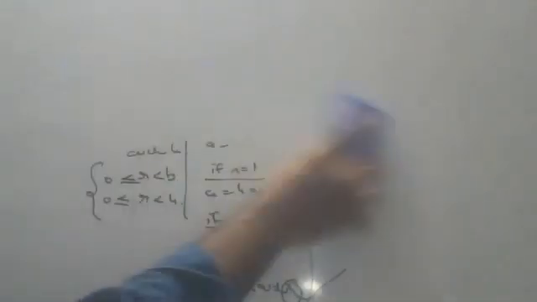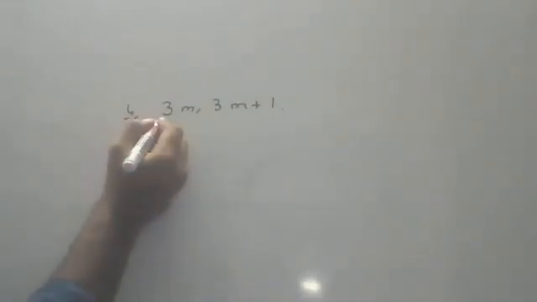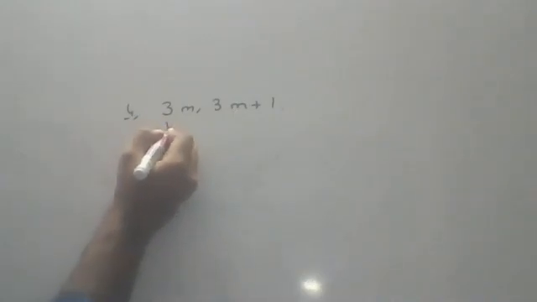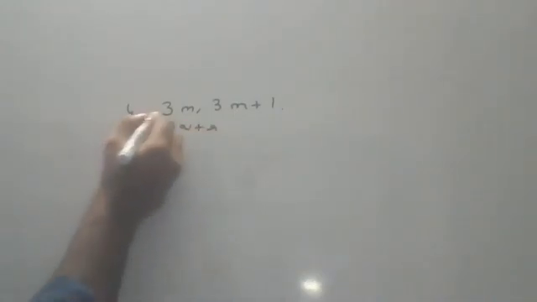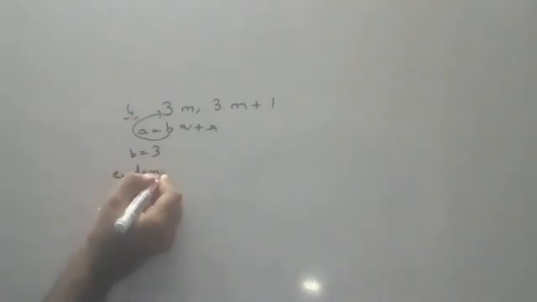First I gave very, very easy sums, then slowly I am increasing the complexity of the sums, children. Fourth sum. He's saying 3m, 3m plus 1. Please listen carefully, children. a is equal to bq plus r. In the place of b, who is there? 3. According to Euclid's lemma, these are very, very important sums.